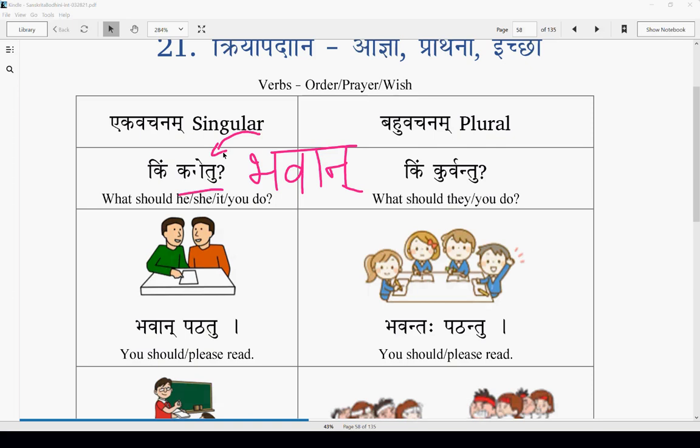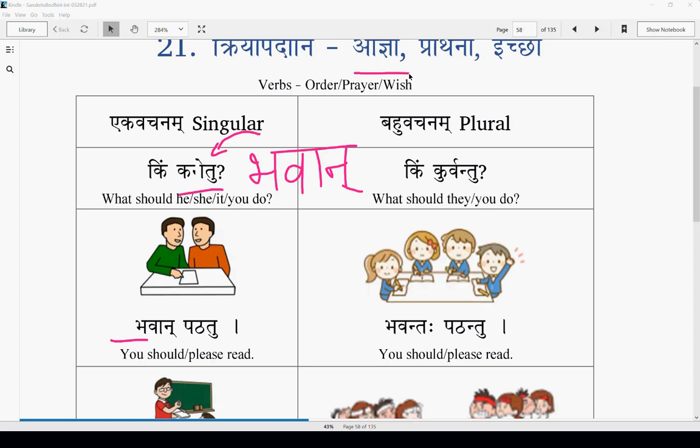So here, if you ask the question, what you should do, the question will be bhavan kim karotu. The answer sentence is given here in the example. Bhavan pathatu. You should read. When we say bhavan pathatu, the sense could be ajna, where we order the person: you must read.